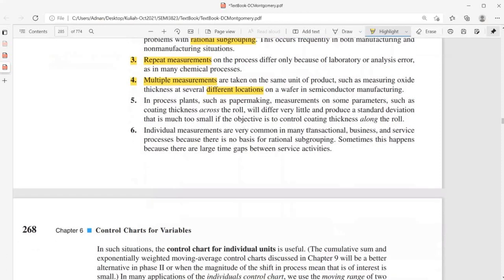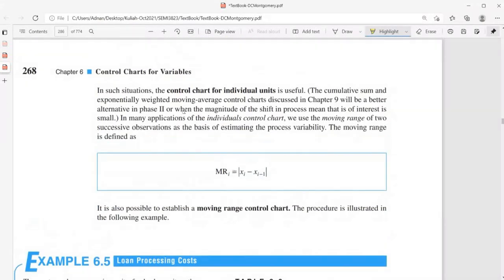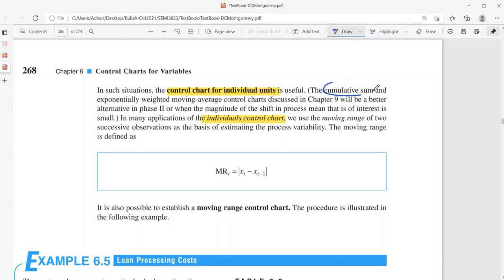So how do we do this? Control chart for individual units. What we do is we have what we call the individual control chart. There are other charts that we will discuss later, such as the cumulative sum, or CUSUM.